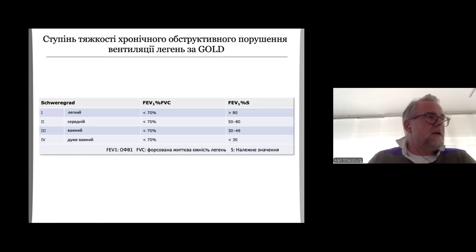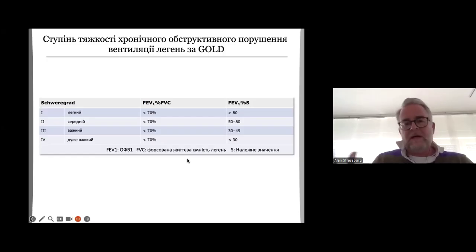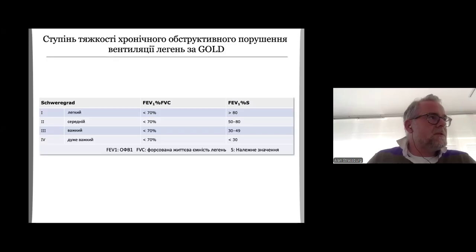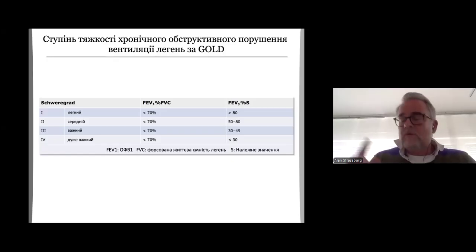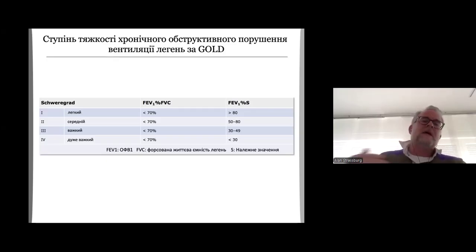And those are the references from normal, dividing the pathologies volumes according to the criteria of GOLD. A light obstructive ventilation disorder would mean that the Tiffeneau quotient should always be smaller than 70%, which is the definition for obstructive lung disease.